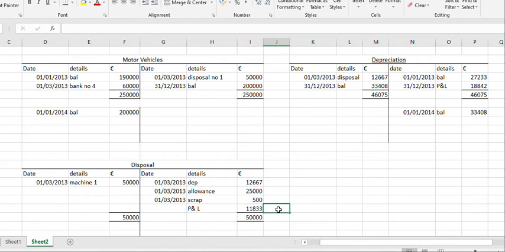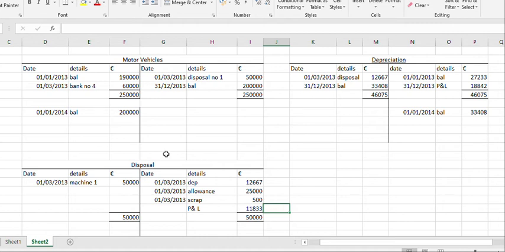If we depreciated that machine by 12,667, so 50,000 minus 12,667, the machine was worth 37,000. That's how much the machine was worth. They gave us an allowance of 25,000 and scrap value of 500. Now the machine was destroyed, so we ended up making a loss on that machine of 11,833 euro.